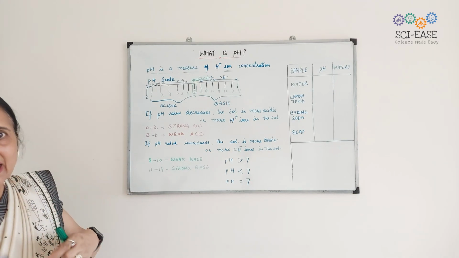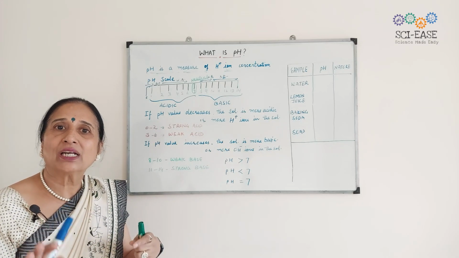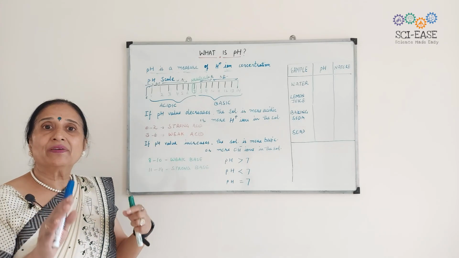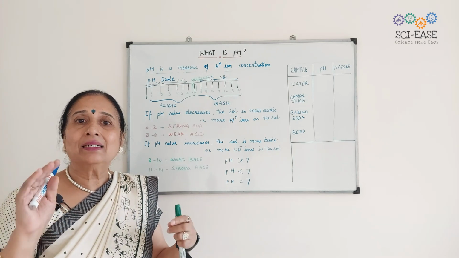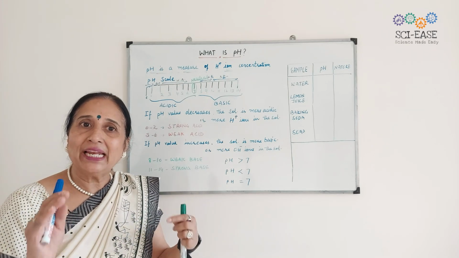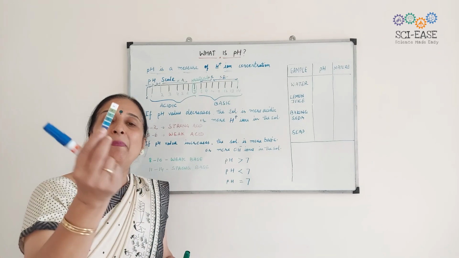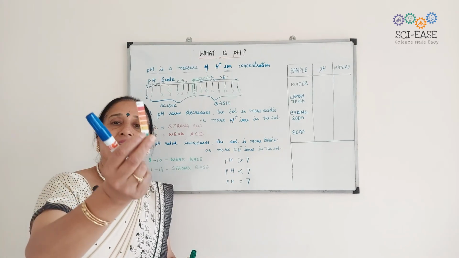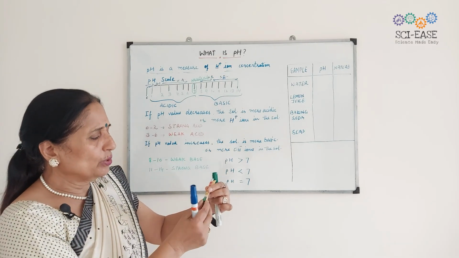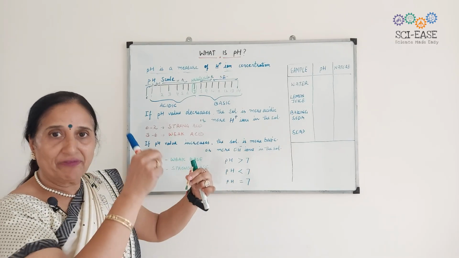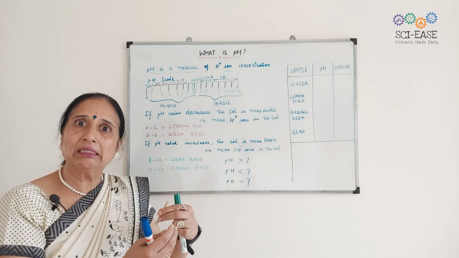Once again, I will tell you that pH is the measure of hydrogen ion concentration. There is a pH scale, and the pH of any solution can be measured with the pH paper. This is pH paper. There are colors, and when we do the experiment, we will match the color.